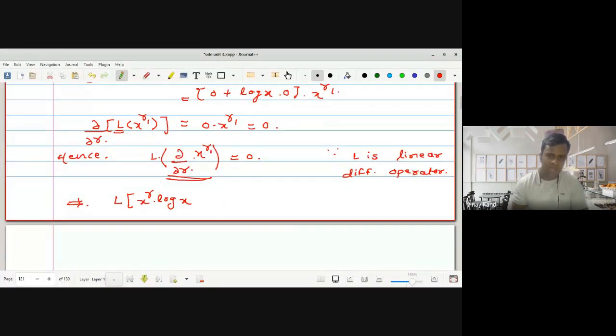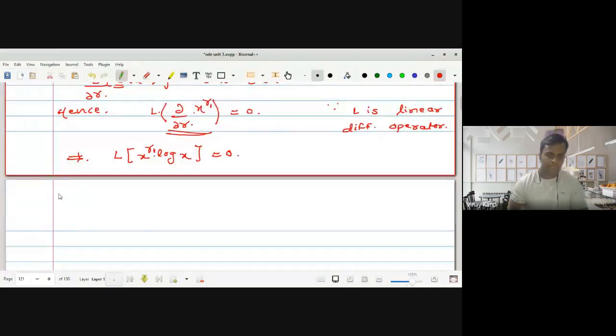Or you can write r1 here, no problem. Which is equal to 0. That implies this function, which one? x raised to r1 into log x. This function satisfies L of y is equal to 0.